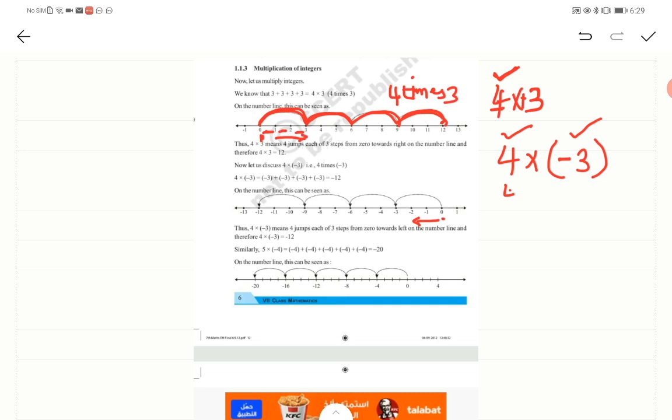Here, since it is minus, we hop in the negative direction. You can note here it is 0, minus 1, minus 2, minus 3, minus 4, minus 5, minus 6, and so on. Since it is very big, we have not represented all the positives and negatives in a single one.